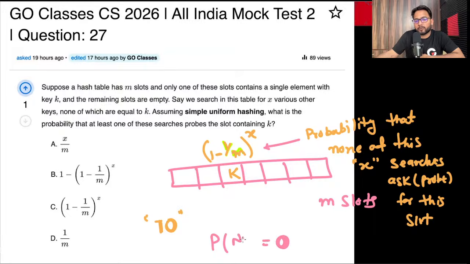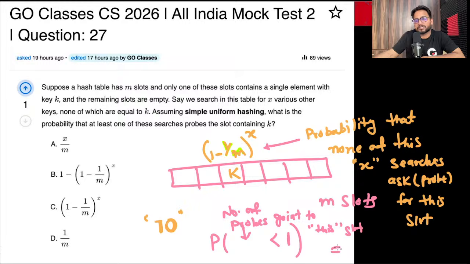Or let me write less than 1, just because it is an integer, so it doesn't matter. Less than 1 means equal to 0 only, but just for the sake of explanation. So the number of probes going to this slot. And what is this probability? It is (1 minus 1 upon m) to the power x.